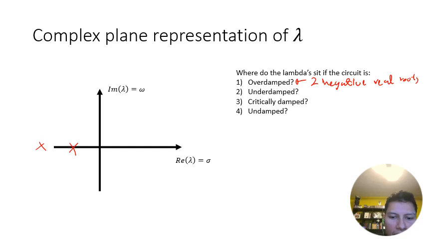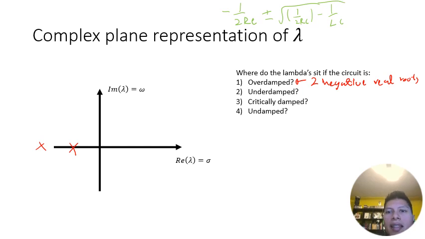In the underdamped case, in general, if we actually look at the expression for our equation, for example, 1 over 2RC, and this also applies to the series case, plus minus square root of (1 over 2RC) squared minus 1 over LC.